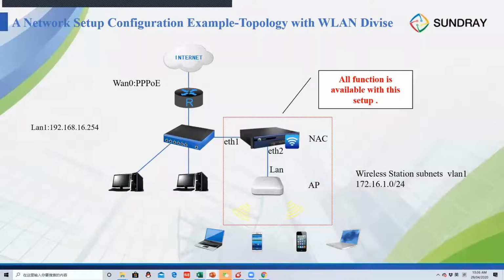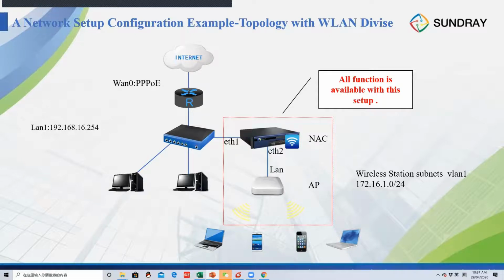This is our setup. We buy one controller, and they give us one cable and also the APs. So this is the plan of the IP addresses. They give one IP address to our controller on ETH1, and also ETH2.